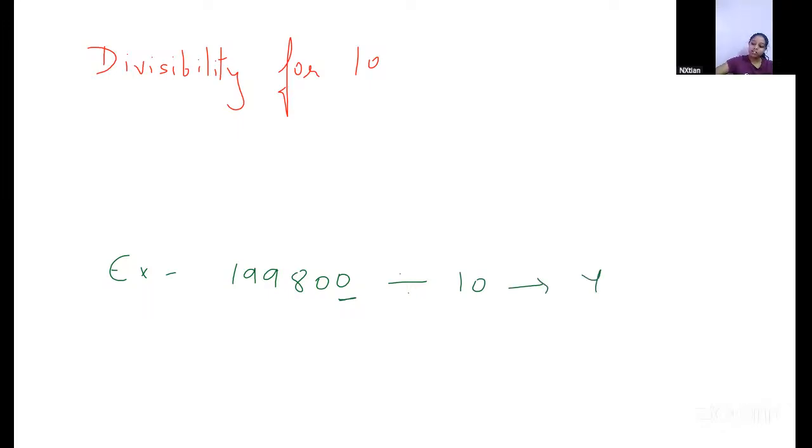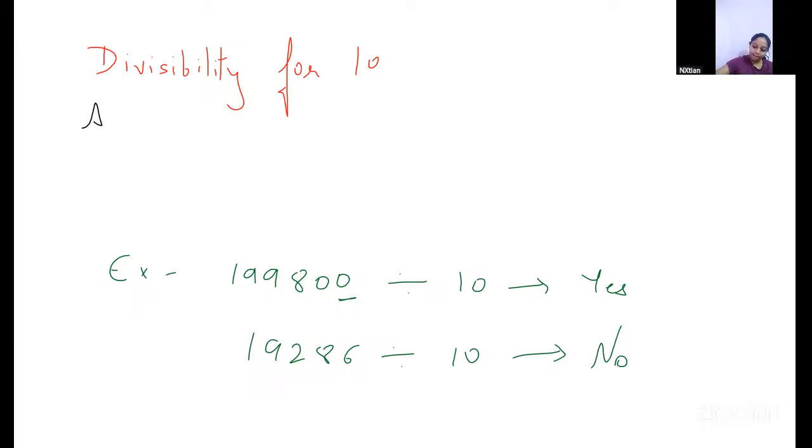Any number that does not end with 0 is not divisible by 10. Okay, write it down.